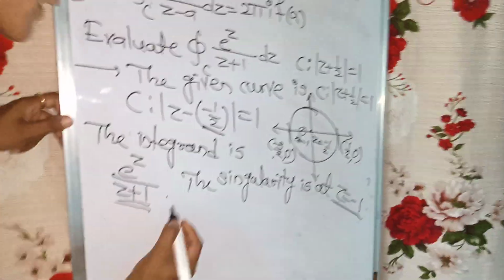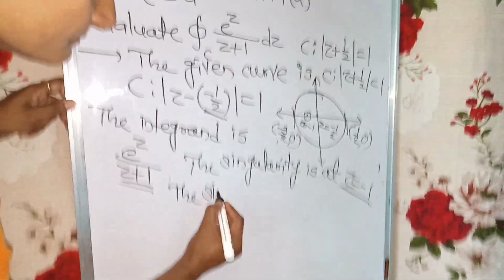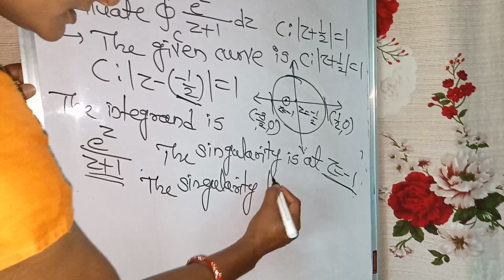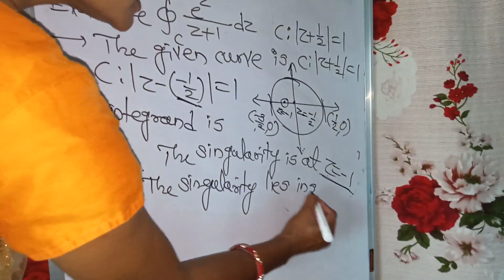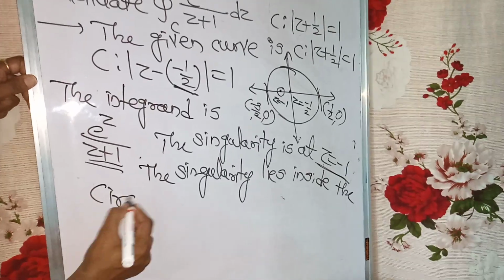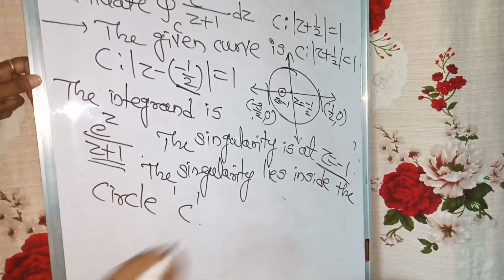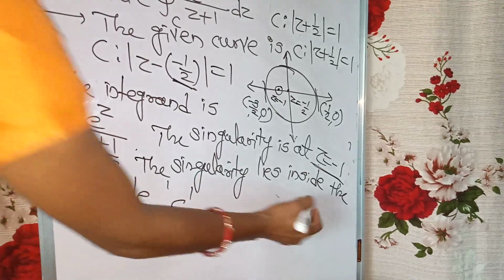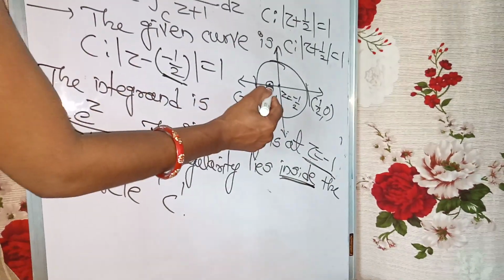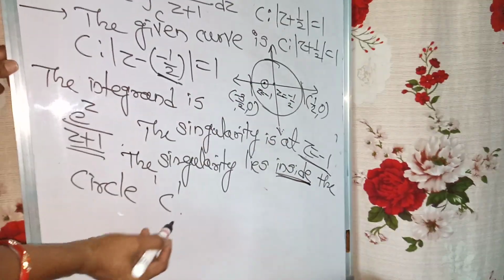So I will state that the singularity lies inside the circle C. As the singularity lies inside C, I am underlining the words, note it down: the singular point is lying inside the curve C.